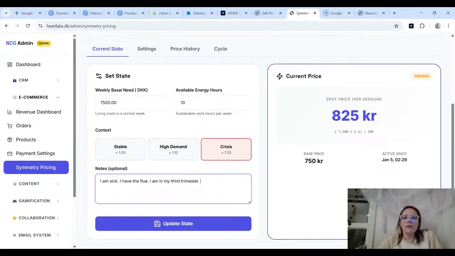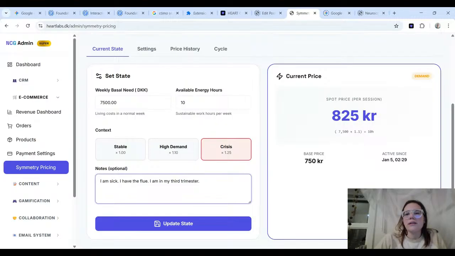Because it's so difficult for the other person to know what your context is, this makes it easier.